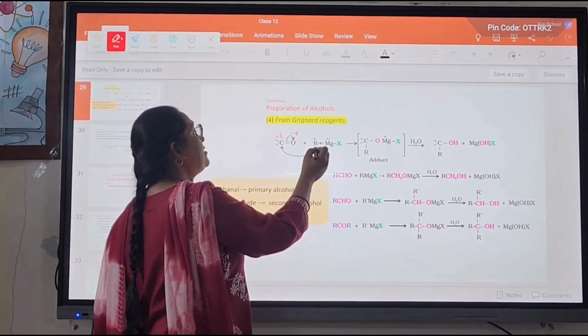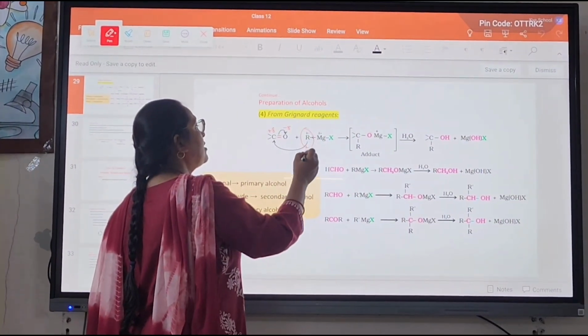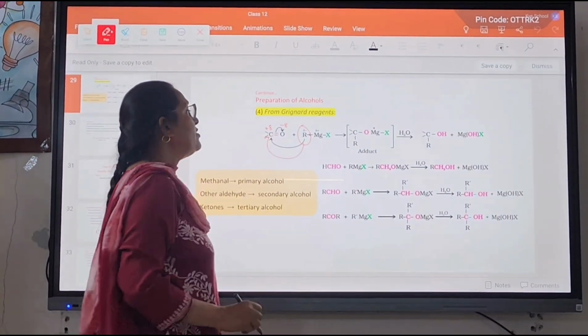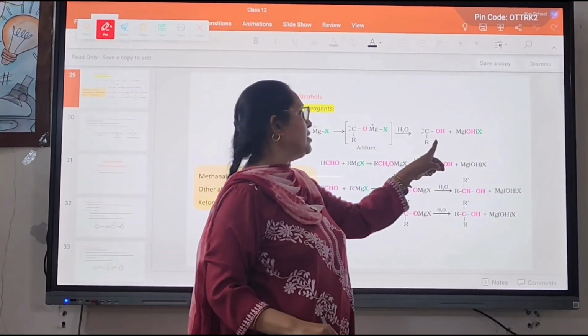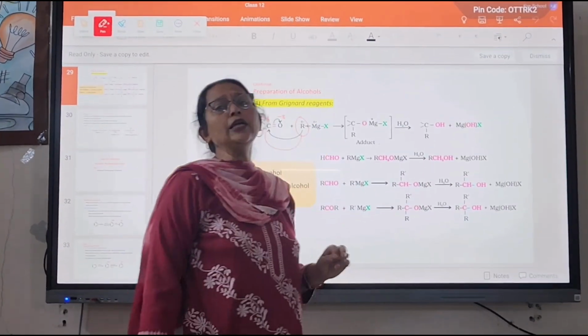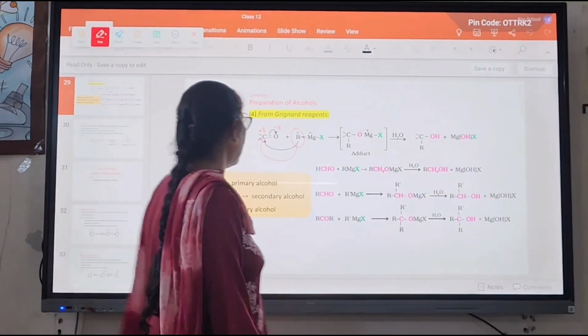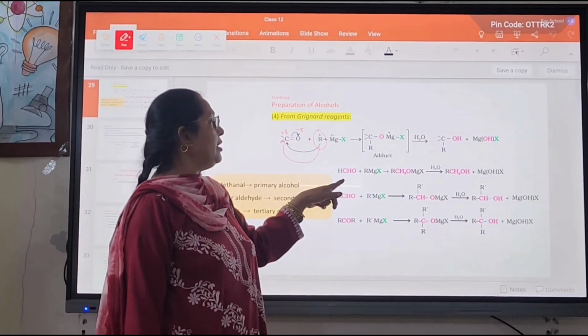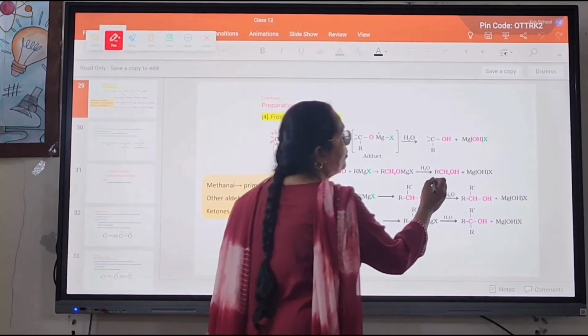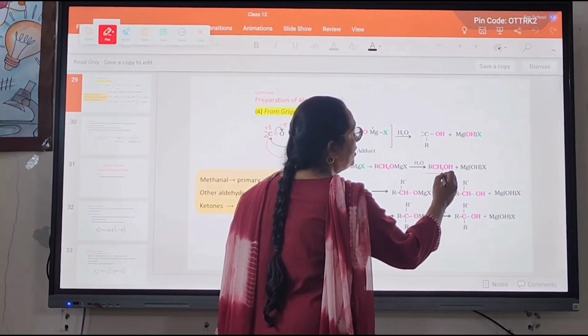So the nucleophile seeking the positive carbon attacks and gives an adduct product, which upon hydrolysis gives the alcohol and magnesium hydroxy halide. Here, if we take formaldehyde, then we will get the primary alcohol, 1 degree alcohol.